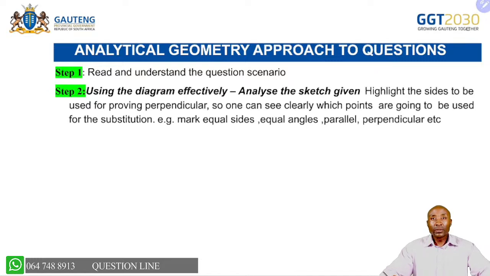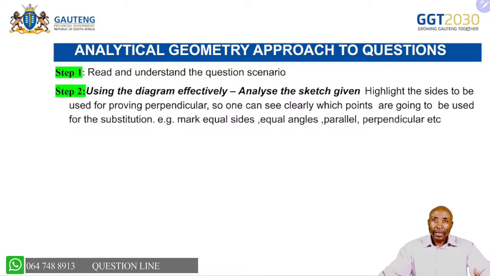We must use our diagram effectively, but remember, diagrams are not drawn to scale, so we should not take a ruler and start measuring. The question says find the length. We can't take a ruler and start measuring. We use analytical methods to help us answer that question. Now, we also look for the keywords in the statement.